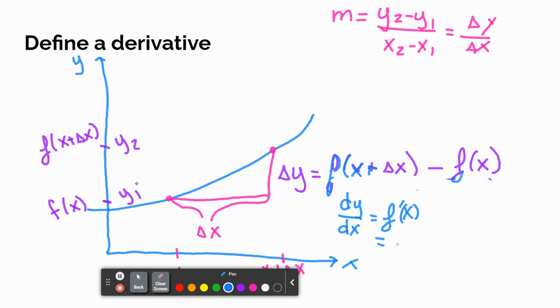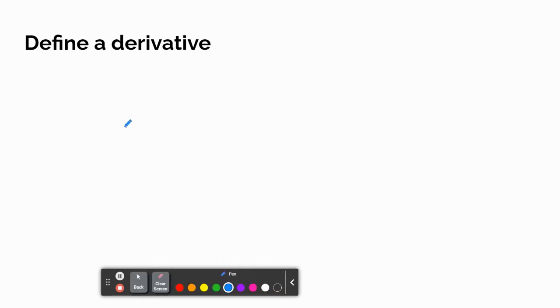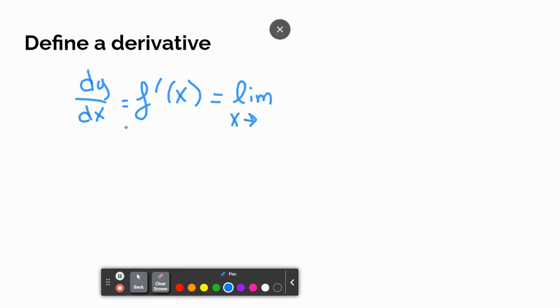And the derivative is the limit as x approaches 0. Let me go on because I'm going to run out of space there. So the derivative, which again we can define as f prime of x, is the limit as change in x approaches 0.